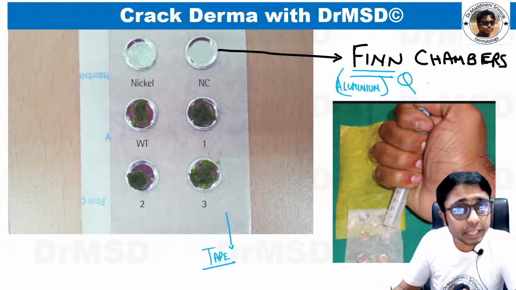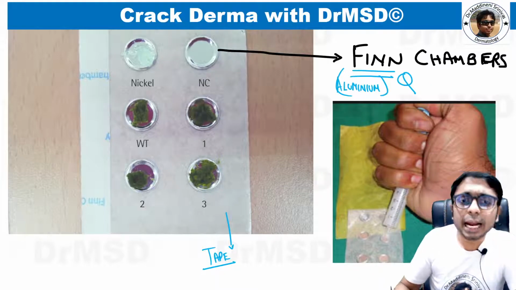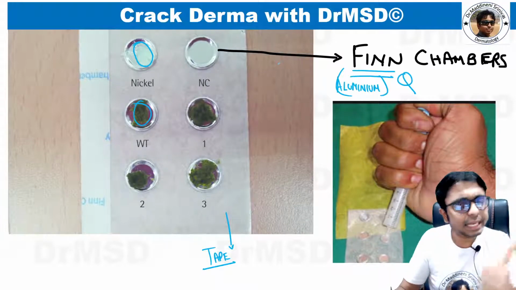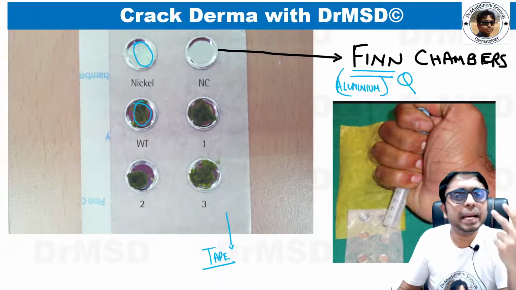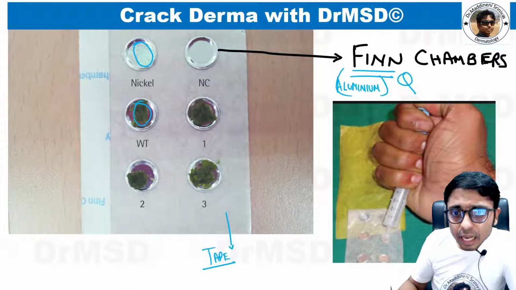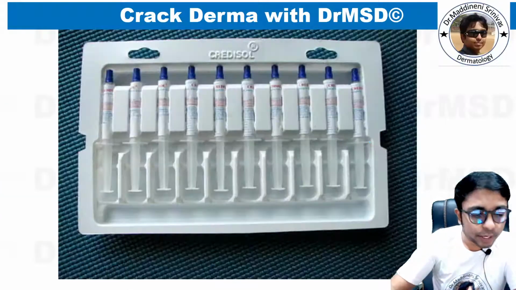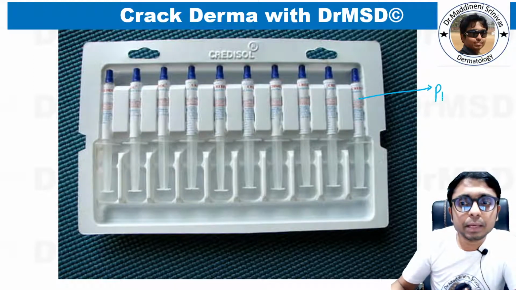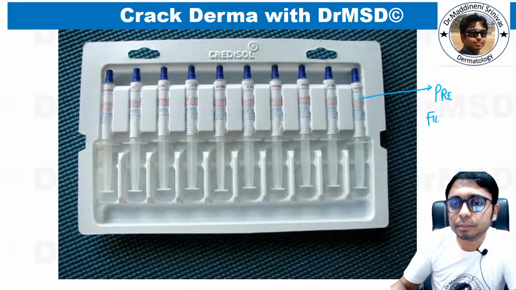Inside these chambers we are going to fill the allergens, for example nickel, potassium dichromate, PPD. You might be wondering where we are going to get these allergens. So don't worry, these are going to be available as pre-filled syringes.